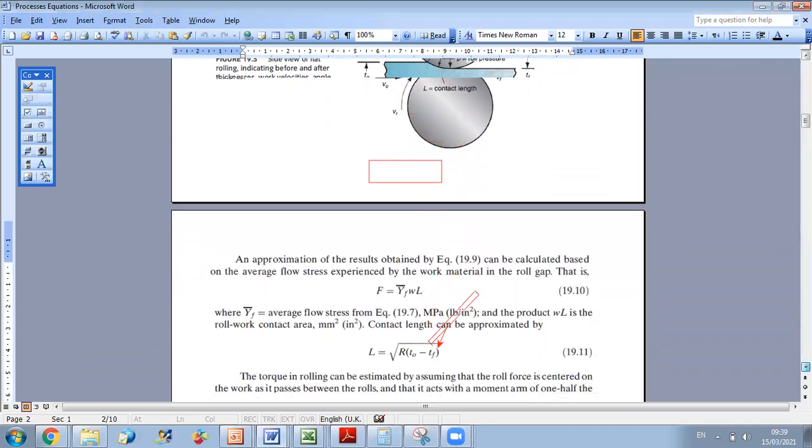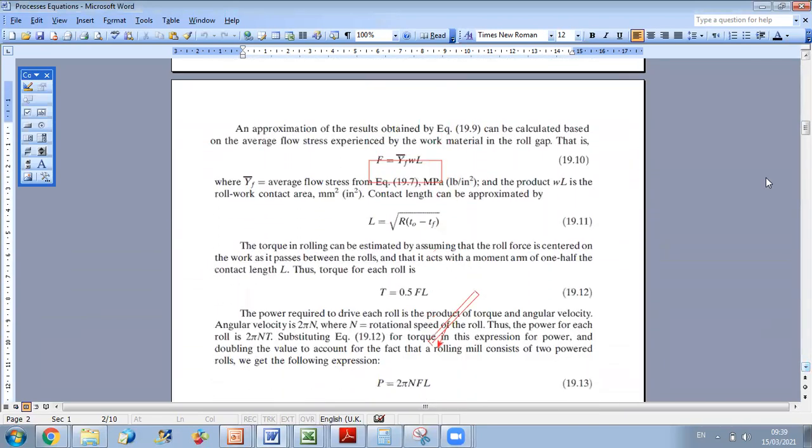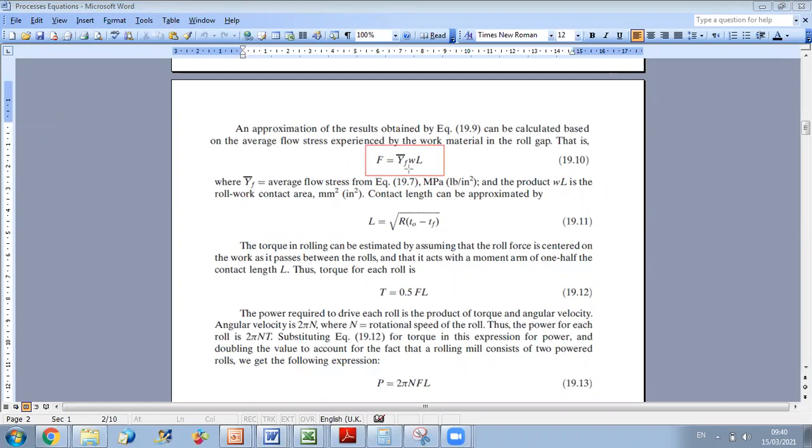So as you can see here, an approximation of the integration can be calculated based on the average flow stress experienced by the work material in the roll gap. The force is given by the average stress times the area of application. The area of application is the width of the work part times the length. L here is the contact length between the rollers and the work part.